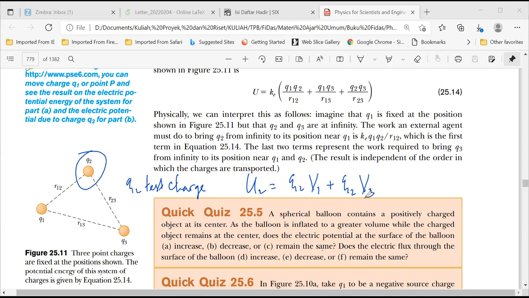So this V1 here is k Q1 over r12, while V3 is k Q3 over r23.